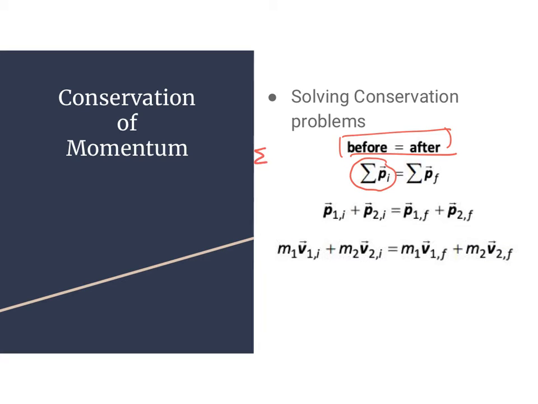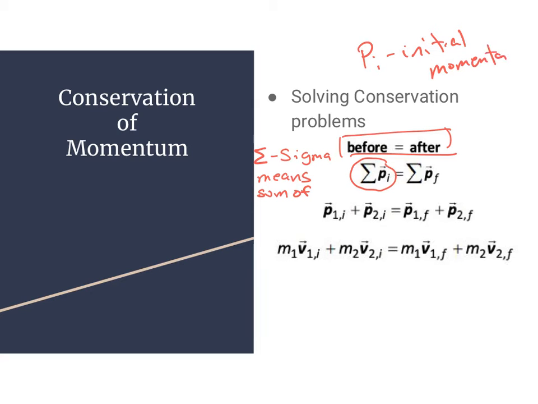We mentioned it, but this capital sigma means sum of, right? So the sum of all the initial momenta. P is our symbol for momentum. The subscript i means initial.